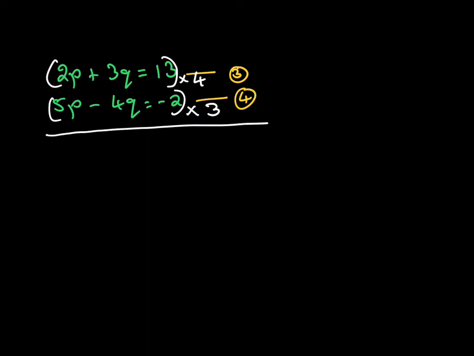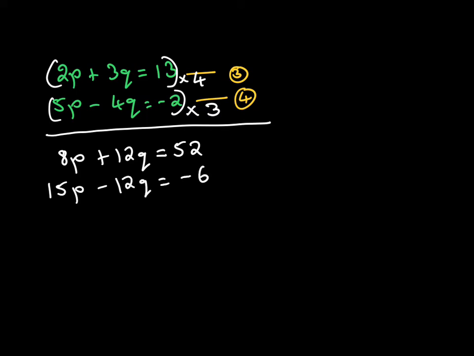Now our new equations will look like 2p times 4, which is 8p, plus 12q equal to 13 times 4, 52. And equation 4 is going to look like 5p times 3, 15p, minus 12q equal to minus 6.